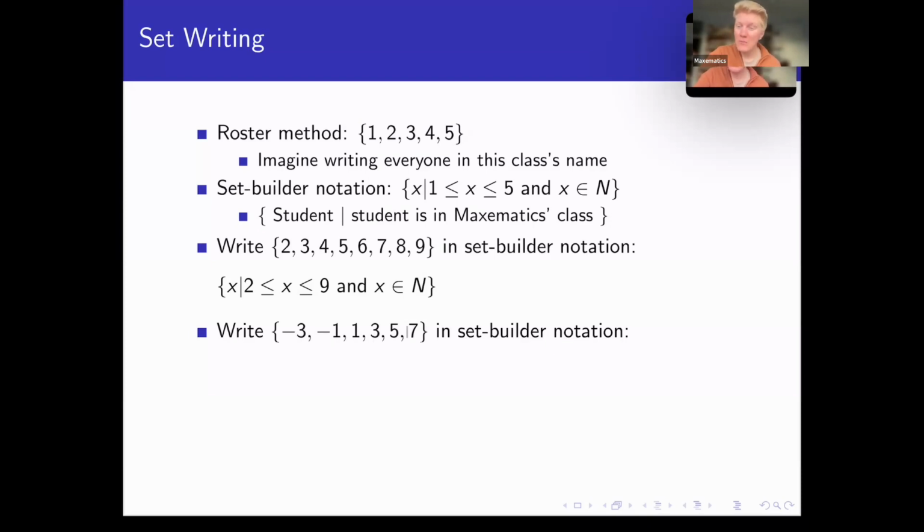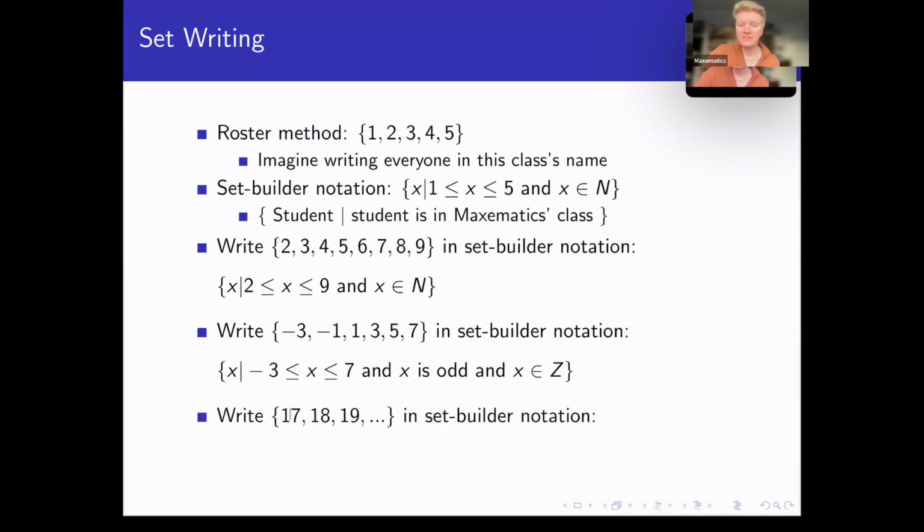That's number one. But also notice that all of these numbers are odd numbers. You don't see 2, 4, 6, -2, 0. So what we could write is x such that x is between -3 and 7, and x is odd, and x is an integer. So that's one way of writing it. That's another way of writing set builder notation. We just add restrictions as we need.